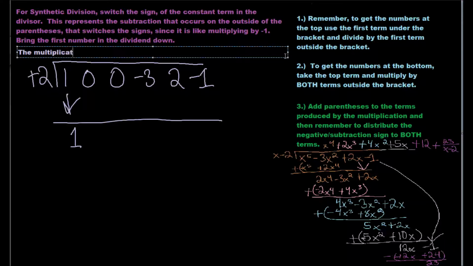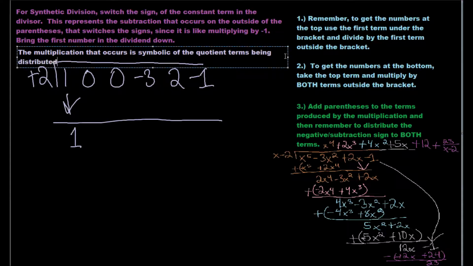In the other method you were subtracting, but once you switch the sign, you can just add. If you recall the long division, the subtraction switched to addition for all those examples, which is why now, since you switched the sign, it is addition again.